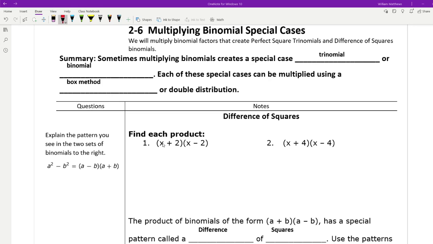Now, if I were to just go through the steps to show all my work, I would show that I am multiplying my first terms, giving me x squared. Multiply my next terms, the outside, which gives me a -2x.